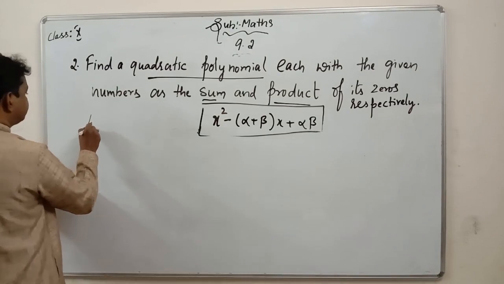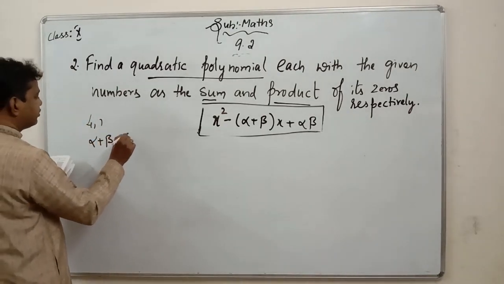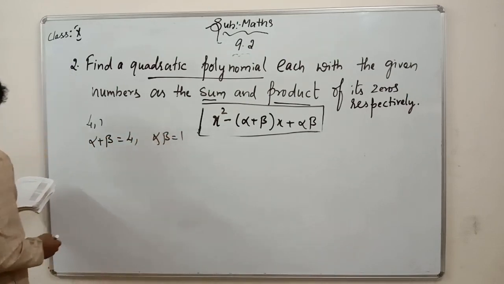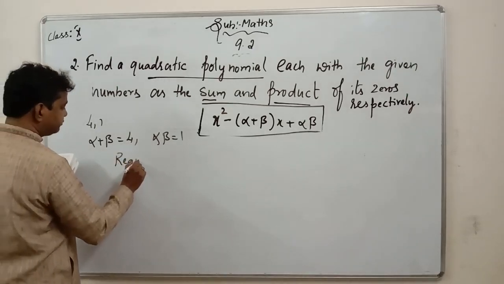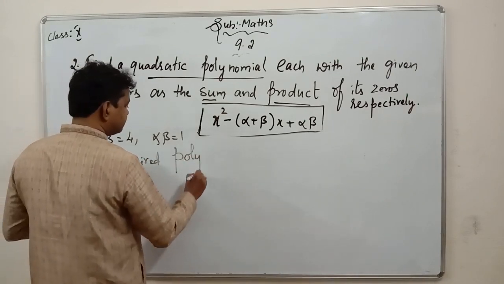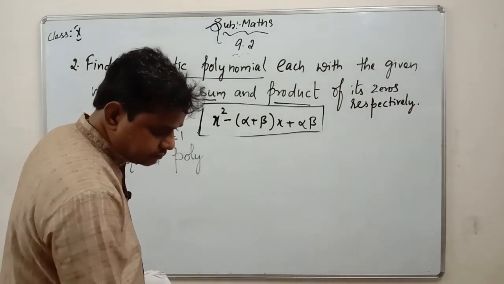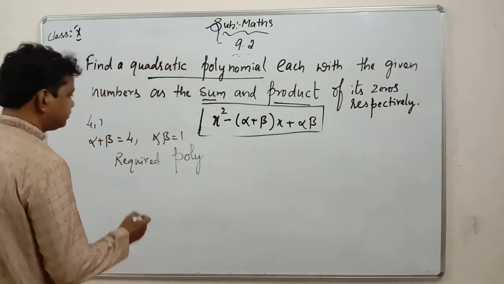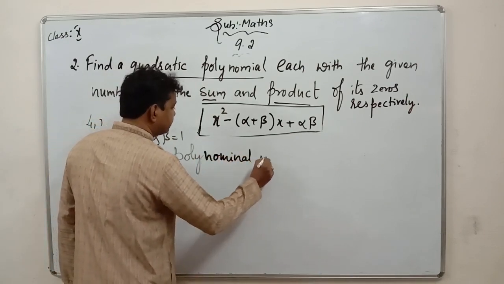And 1, same thing, alpha plus beta equals to 4 and alpha and beta equals to 1. So you can substitute directly. The required polynomial is, so what is the required polynomial?